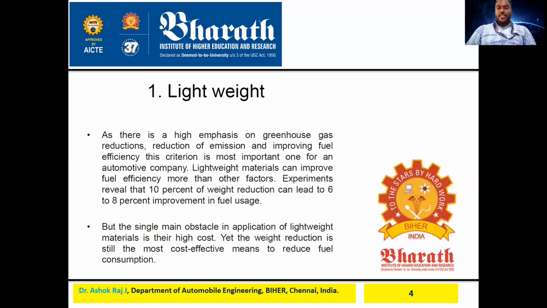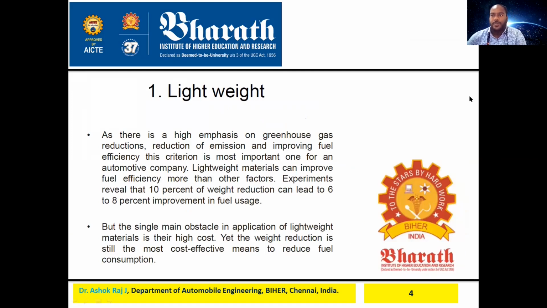And lightweight. So why do we need lightweight material? See, for example, if you are selling any automobile, aerospace or any other product, customers will look at the weight.